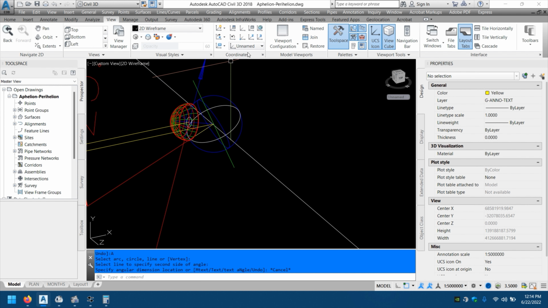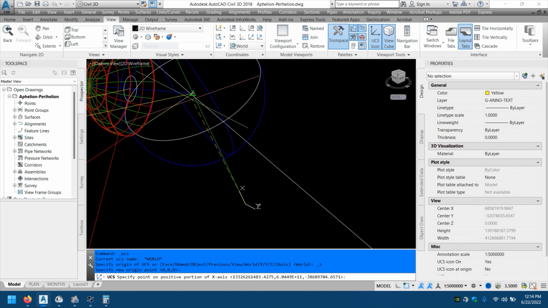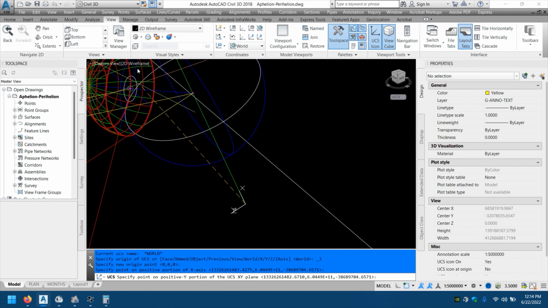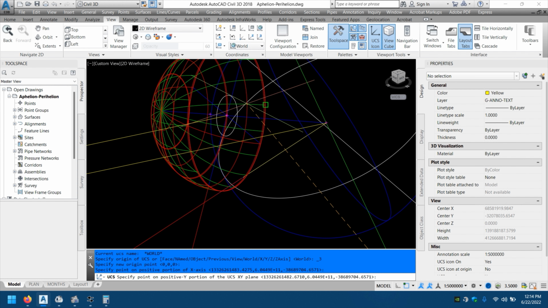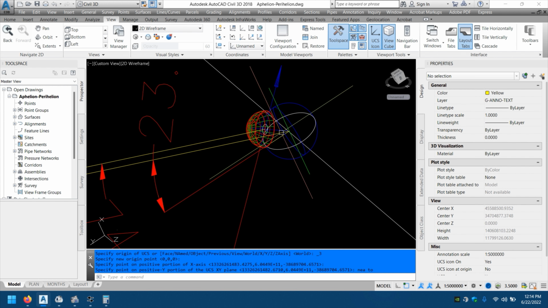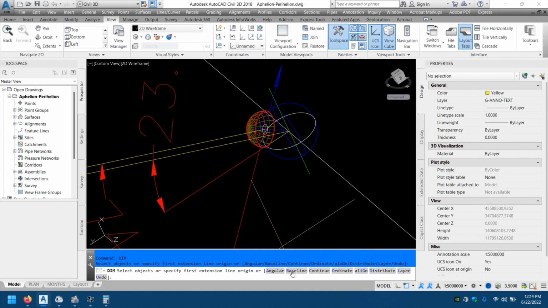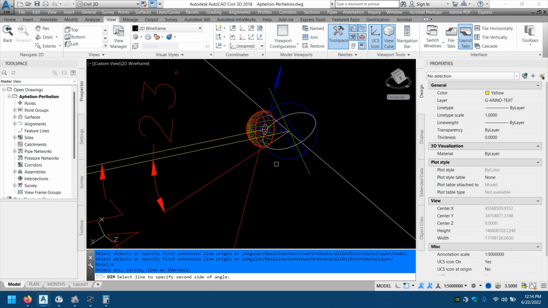So we'll grab the tilt from here to the center to my location. Or actually to the line, that line. And then we'll go dimension, angle, grab the tilt.